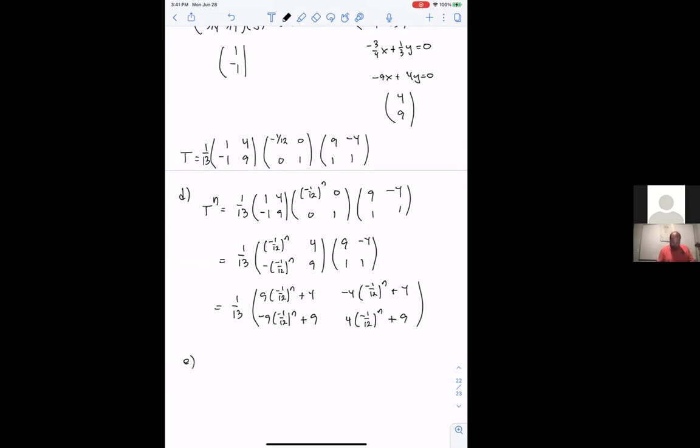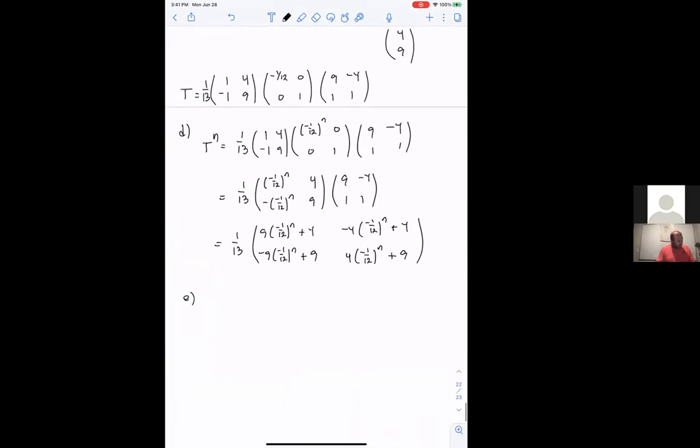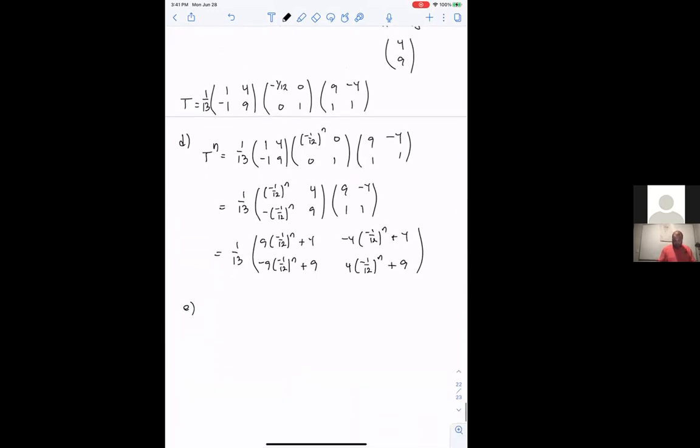E. Hence, find an expression for the number of customers buying from R after n years.